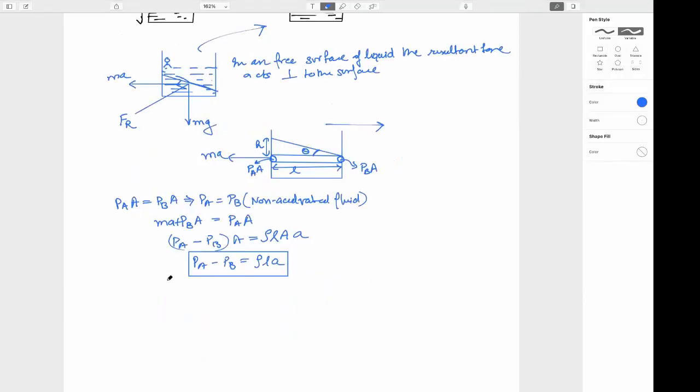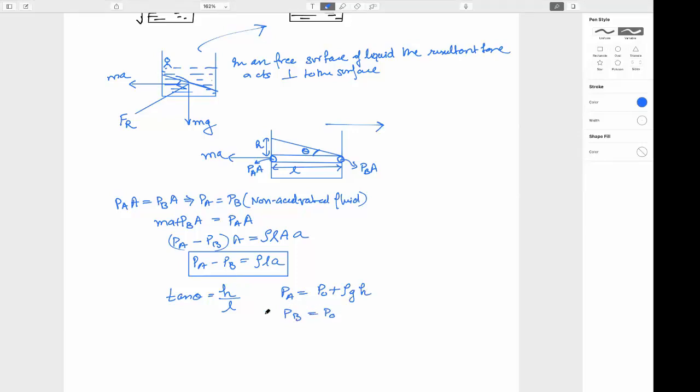Now if someone asks what is theta? From the figure, tan theta can be given as H by L. But if we don't know what H is, we need to balance the force in the vertical direction. PA is nothing but P naught plus rho g H, and PB is nothing but P naught.